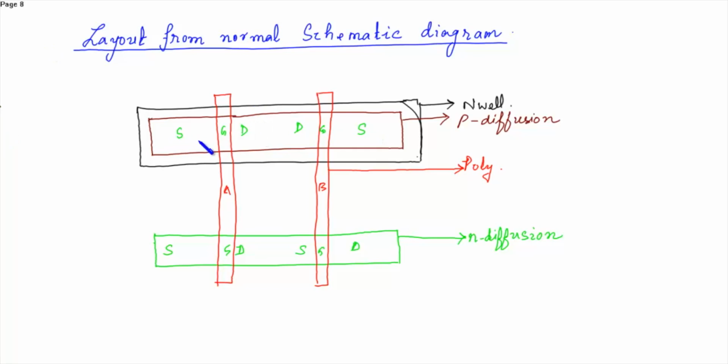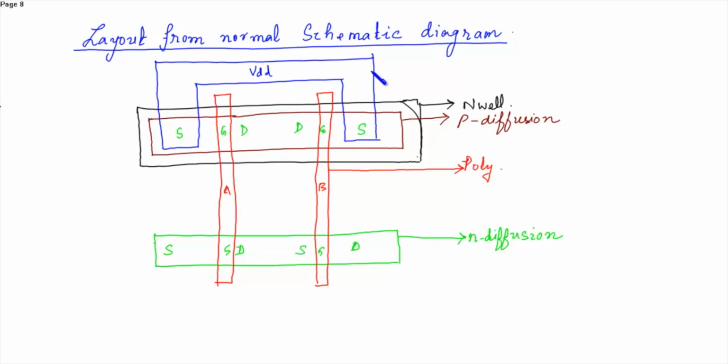Now these two sources are connected to VDD. So this is VDD and this is metal 1. Okay, now the source here is connected to ground.